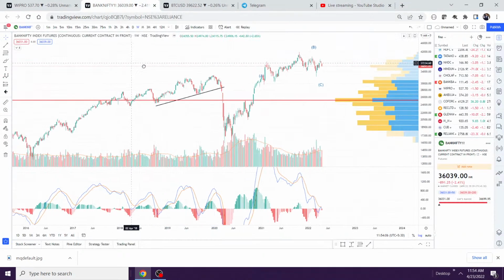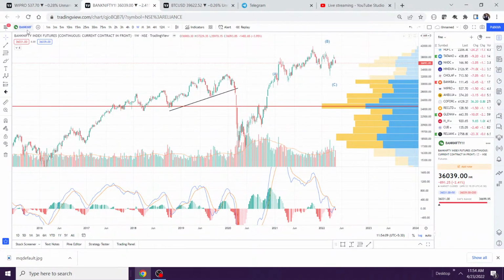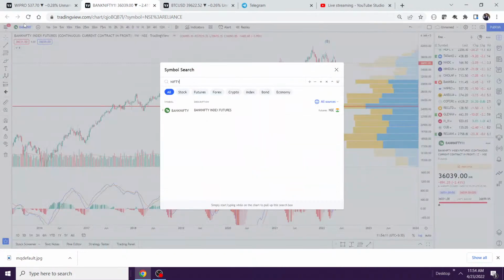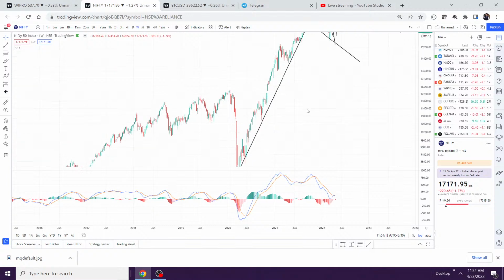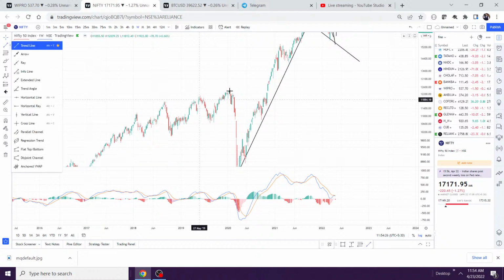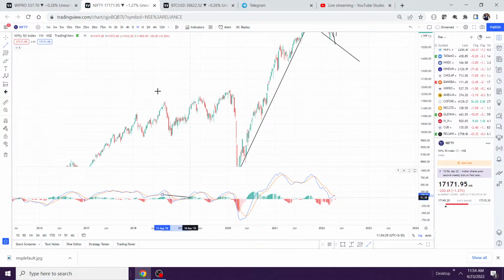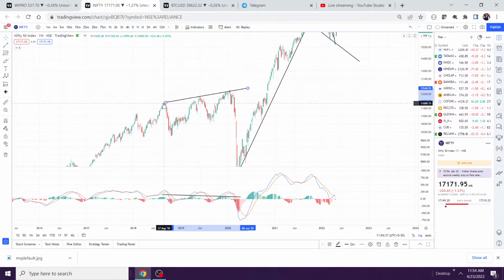Yeah, ending diagonal, and a similar chart was in Nifty also. The main characteristic of an ending diagonal is that price is making a new high everywhere, and you will see there is clear divergence, and in three peaks the price is always trending.